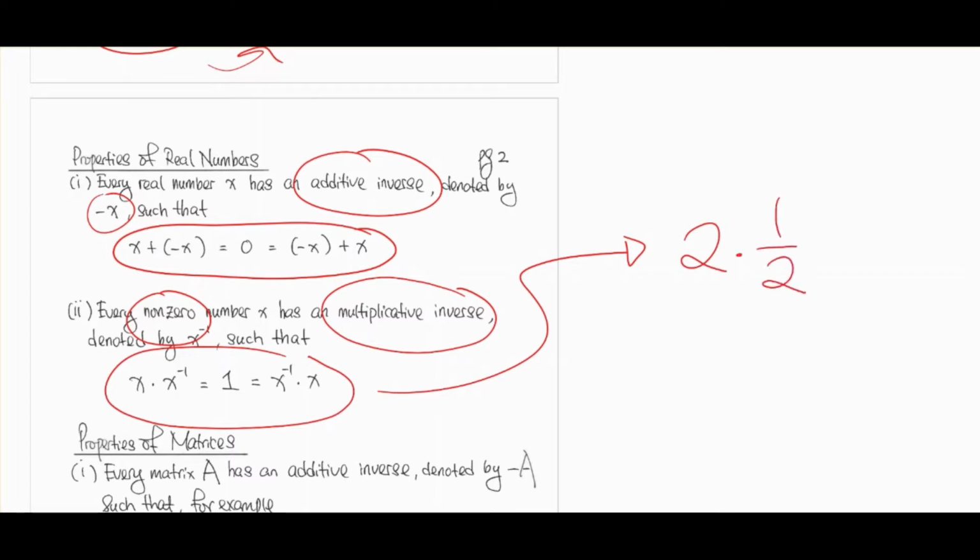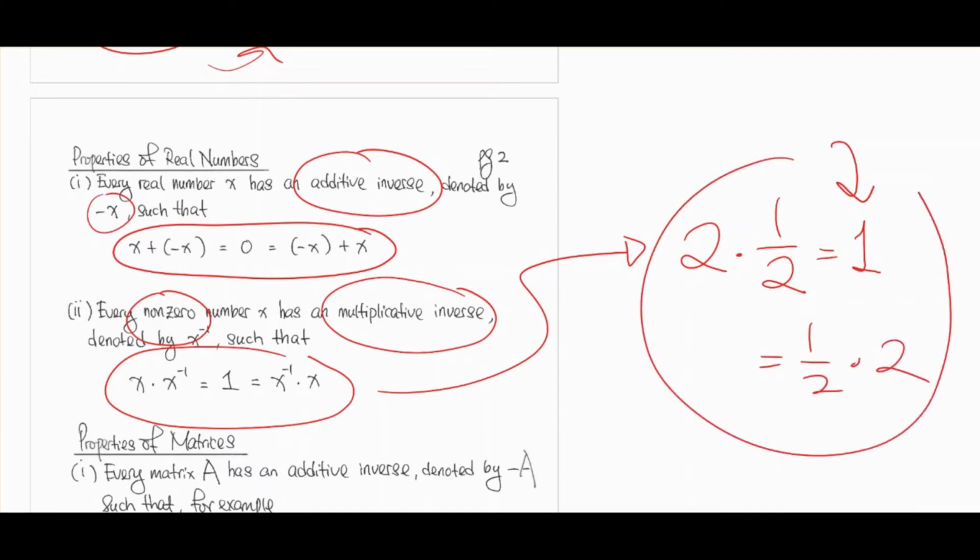The multiplicative inverse is 1 over 2, so that the product will give you the number 1, which is our multiplicative identity. And this is the same as if you take 1 over 2 times 2, right? This works as long as this number here is not 0. So if you have non-zero numbers, you definitely will have the multiplicative inverse. And notation-wise, this is something that we write like this.